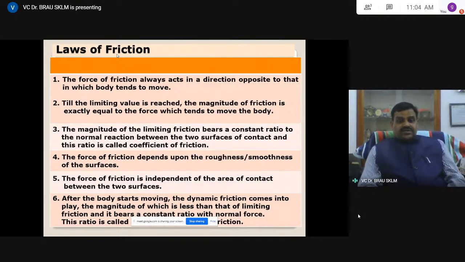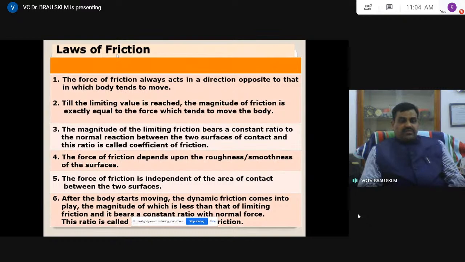The force of friction is independent of the area of contact between the two surfaces. Earlier we mentioned sliding or rolling, where one is surface contact and another is line contact.